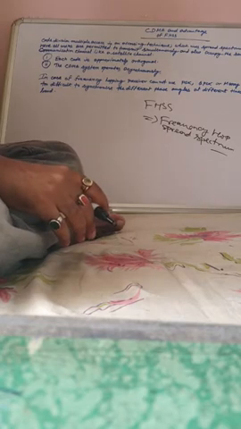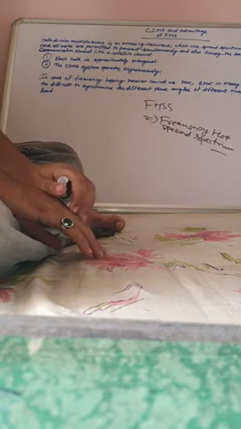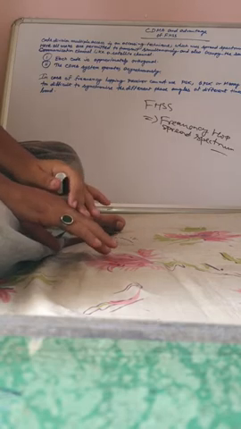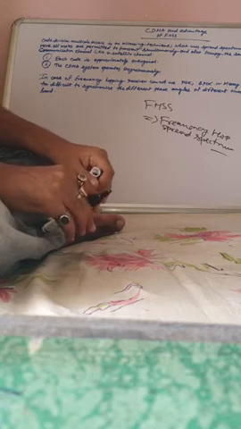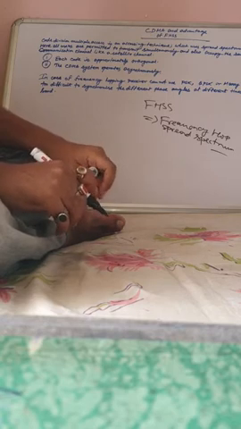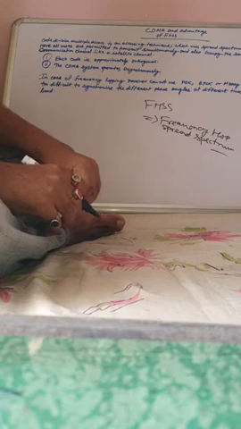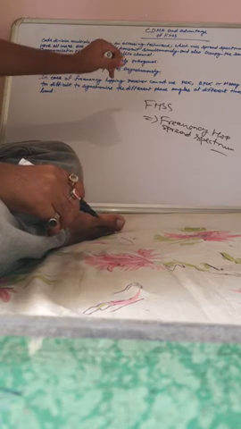In case of frequency hopping, the receiver cannot use PSK, QPSK or MPSK. Why? Because it is too difficult to synchronize the different phase angles at different times on different frequency bands.